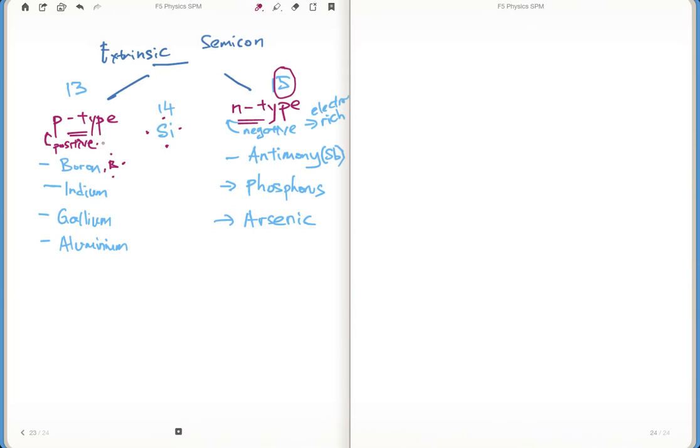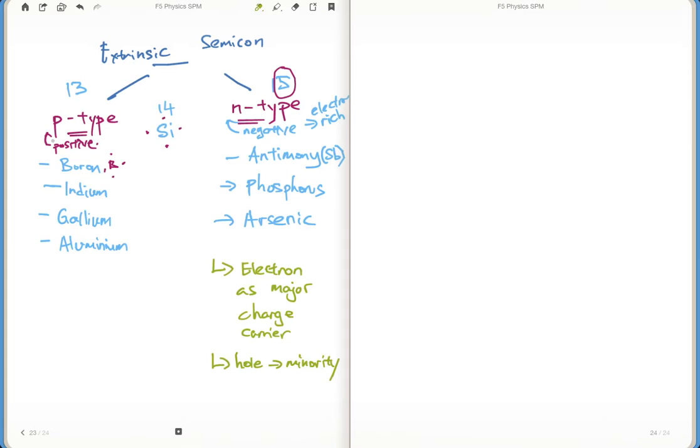Okay, so if you were to add in n-type, what is the consequence? Electron is the majority charge carrier, because you have more electrons, with holes being the minority.